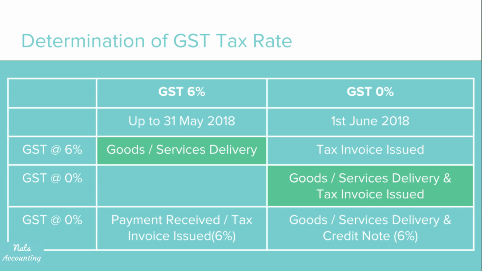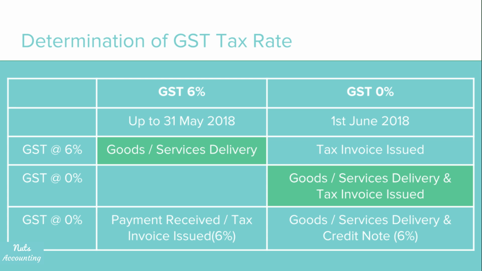In general, the goods or services delivery date determines whether your GST is 6% or 0%. If they want to enjoy the 0% GST rate, their goods or services must be delivered on or after 1st of June and the tax invoice must be issued at that time as well.